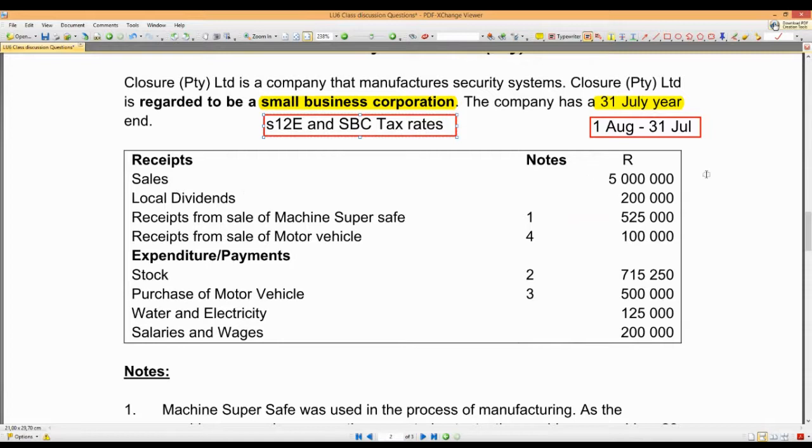So the first thing is they've given you sales and then they've given you local dividends. If you see local dividends, what do you need to do in addition to just including it in your gross income? What is the second step when you see a local dividend? Okay, if you see local dividends, what little flag needs to go off?